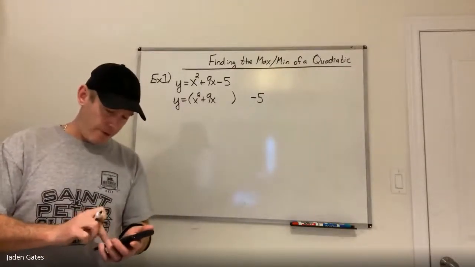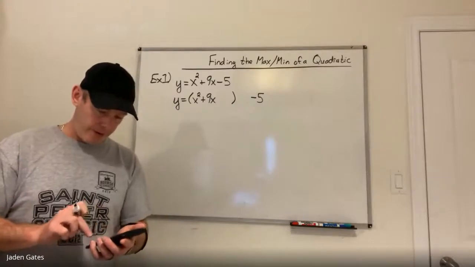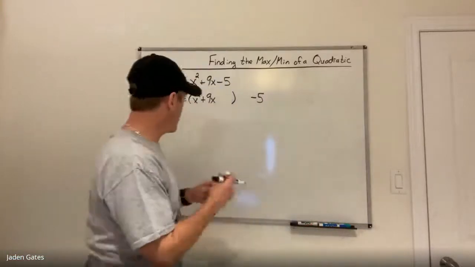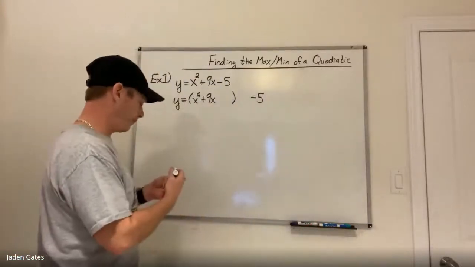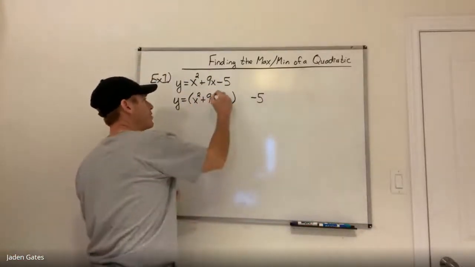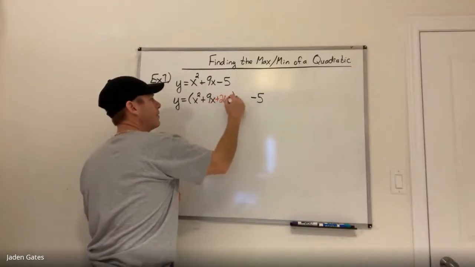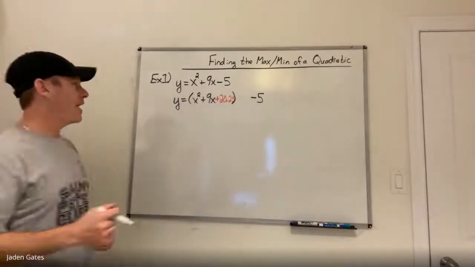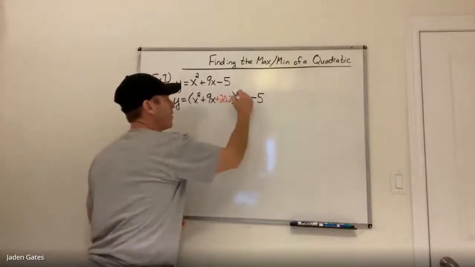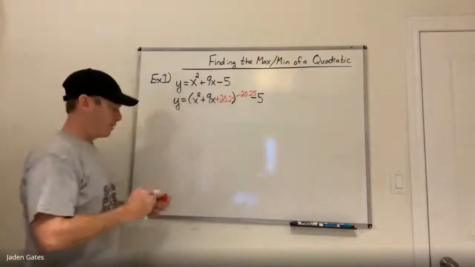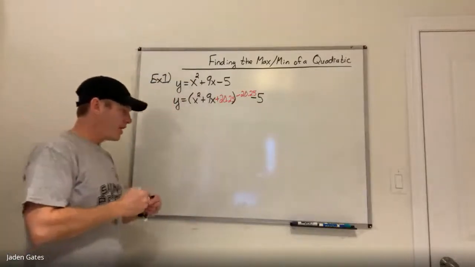So 4.5 times 4.5. Turns out the number I need is a decimal, which can happen. So that decimal is 20.25. All right, and again, I can't just add in 20.25. I got a minus 20.25. All right, so that is the number I need.